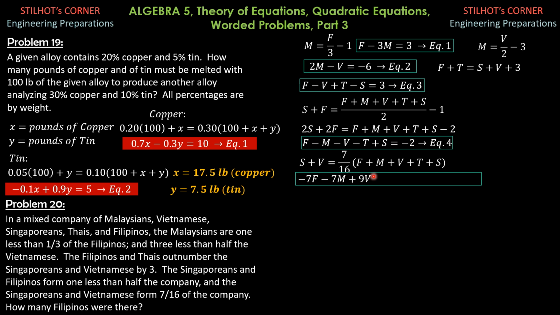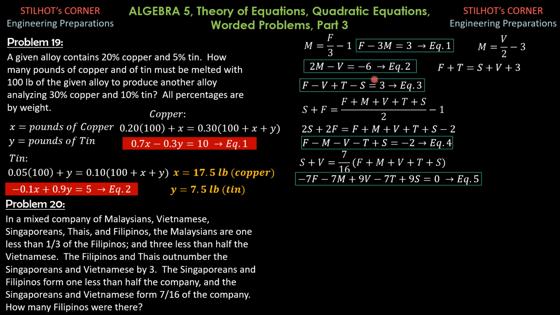So negative 7F minus 7M plus 9V minus 7T plus 9S equals 0. Call that equation 5.